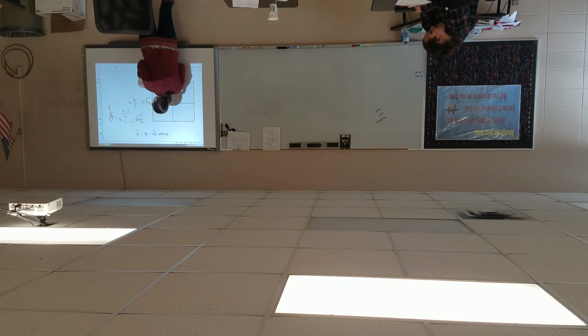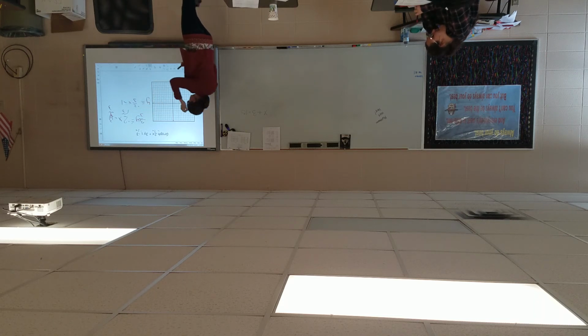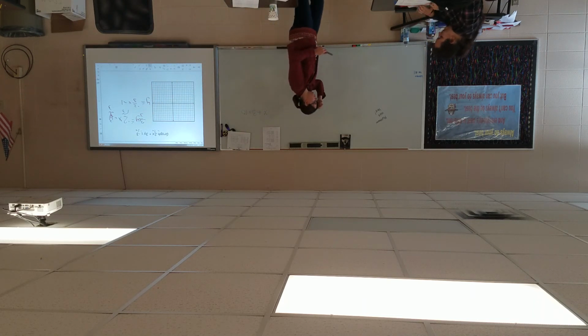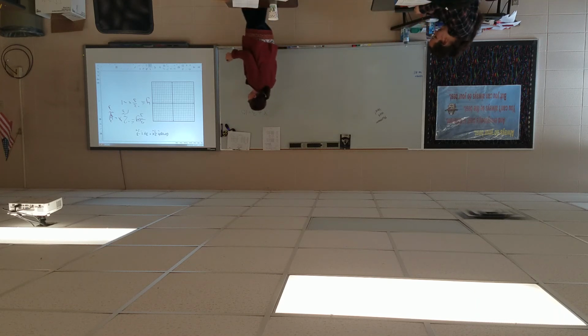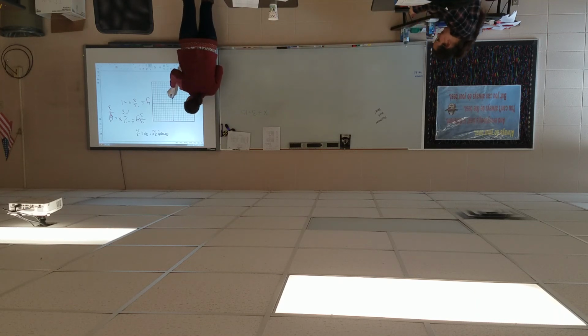And negative 3 divided by 3 gives me negative 1. Alright, so if I'm going to put it in slope intercept form now, where am I going to start? Negative 1. How am I going to move? Up 2 and over 3, going to the left. Yeah, so I can either go up 2 and then back 3, or I can go down 2 and right 3.